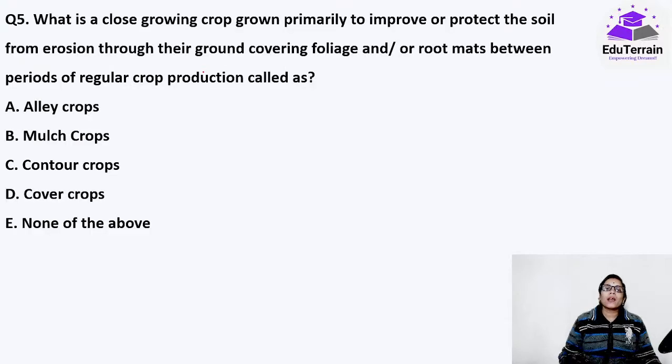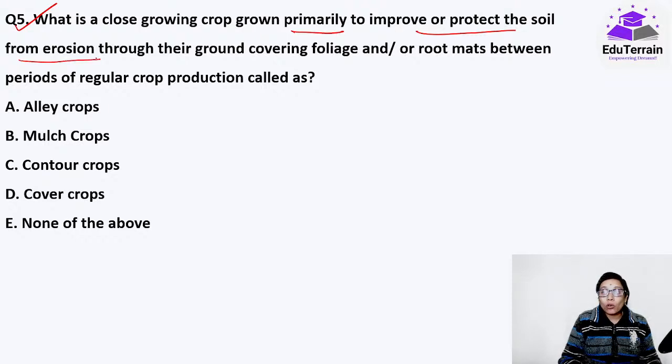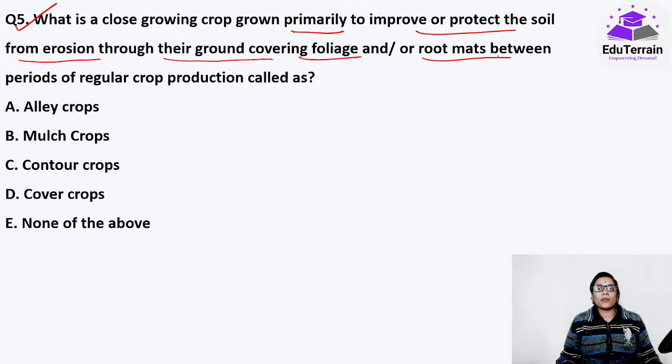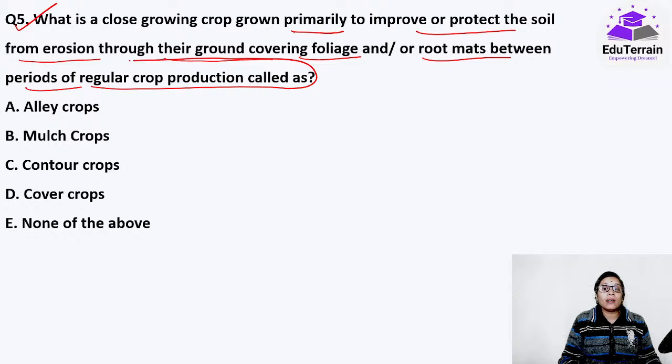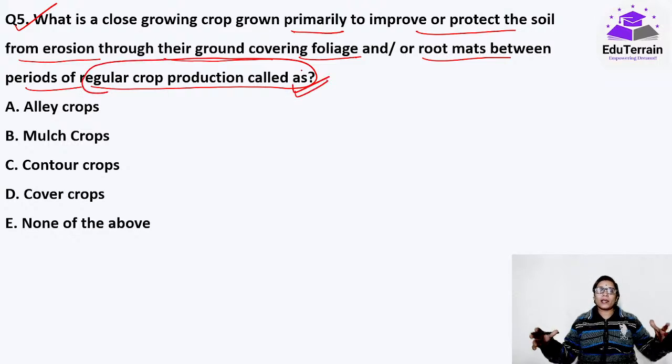Now what is a crop grown primarily to improve or protect soil from erosion through their ground covering foliage or the root mats between periods of regular crop production? These are not grown in between the crops, like there is a season, fallow season in between.